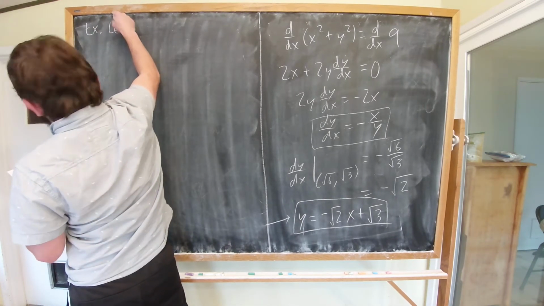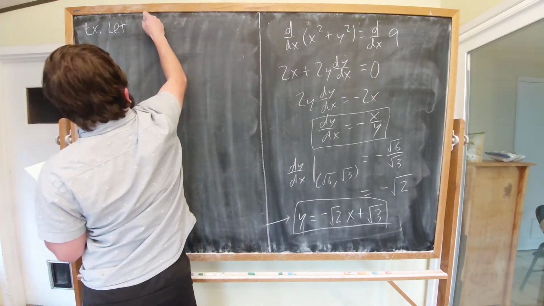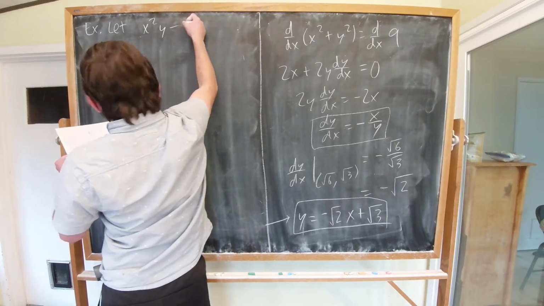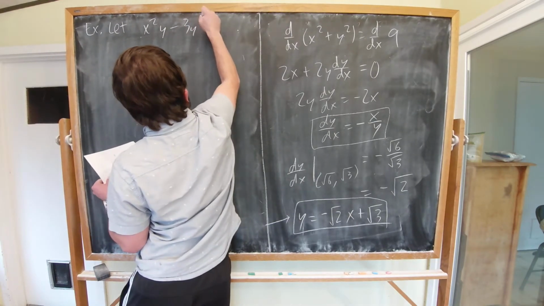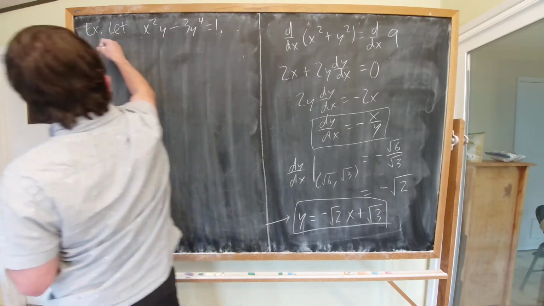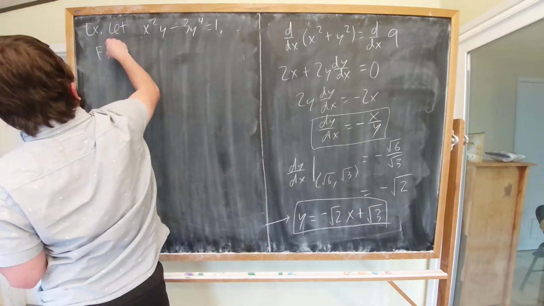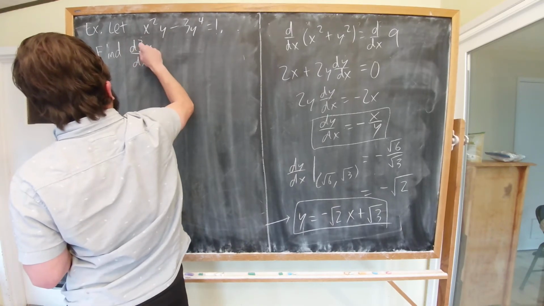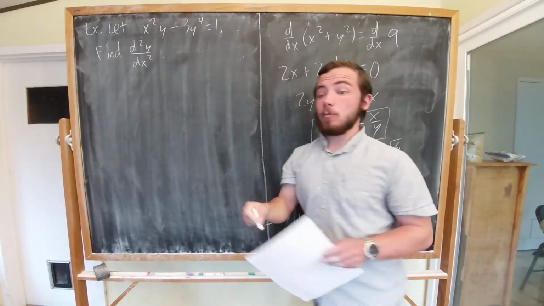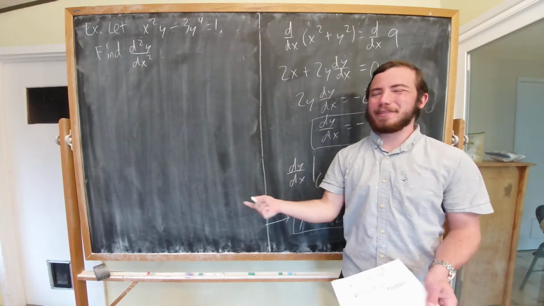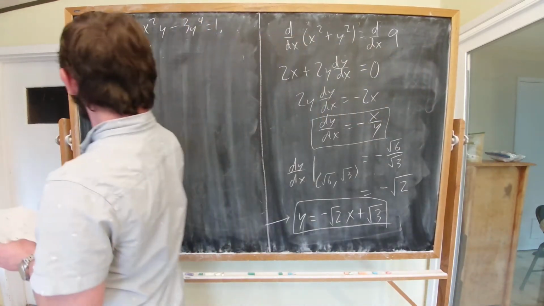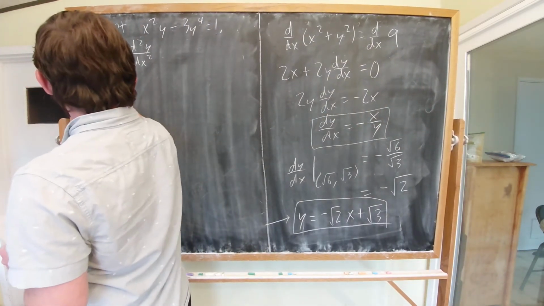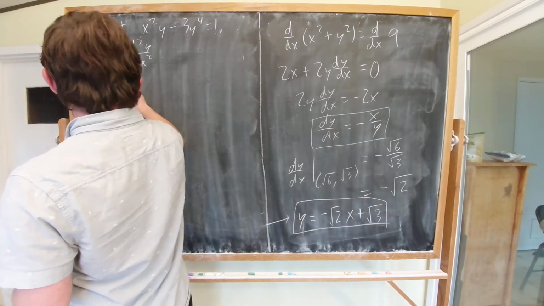Let's let x squared times y minus 3y to the fourth equal 1. And let's say we wanted to find the second derivative of y with respect to x, d2y/dx squared. Well, to find the second derivative, we should probably find the first derivative. We do that by taking the derivative of both sides.